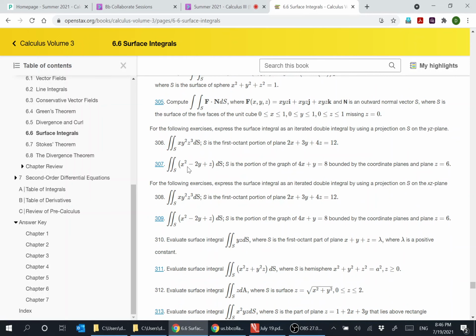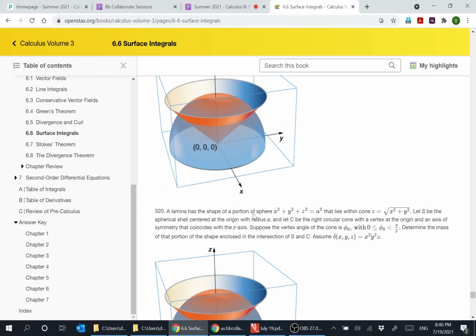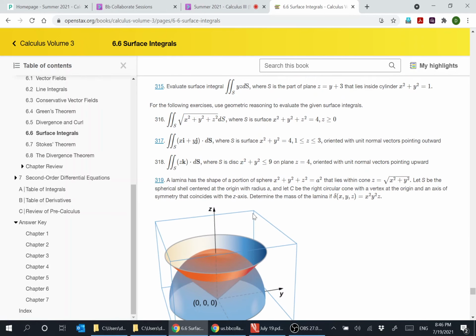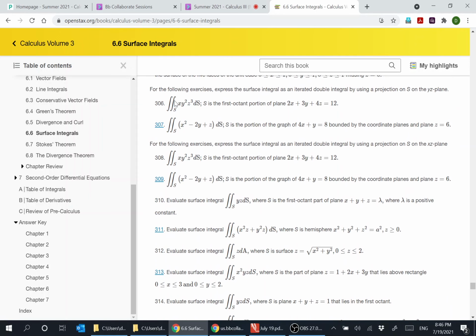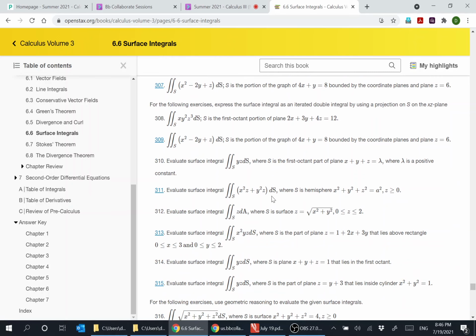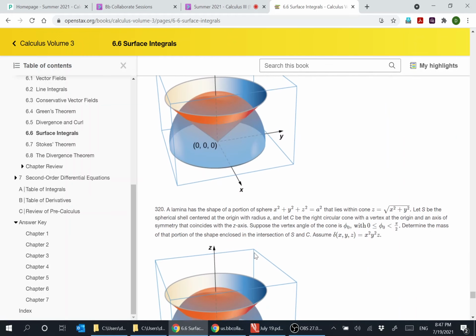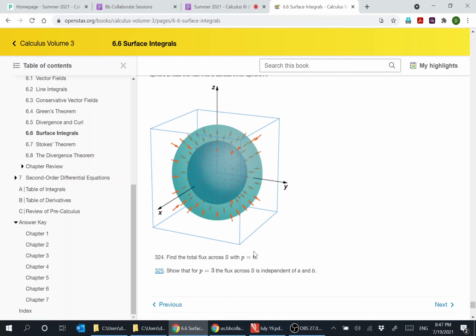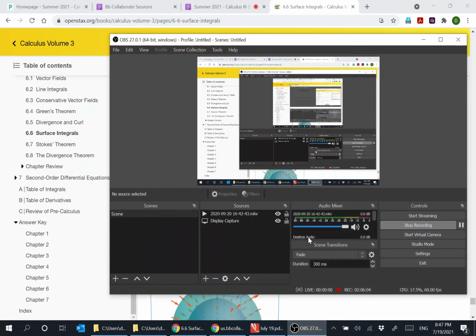No, that's scalar again. 305, 311. 305, that's vector. 311, that's scalar. Well, we'll have to add in some vector problems, some vector flux problems. Okay, so that's all for today.